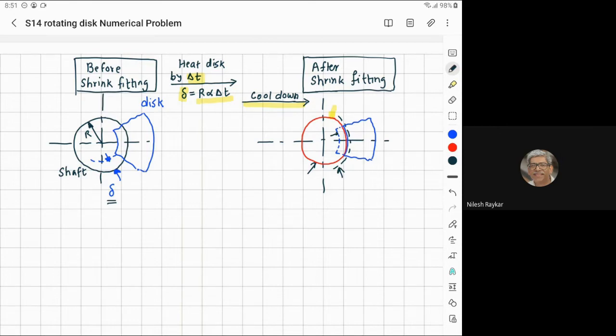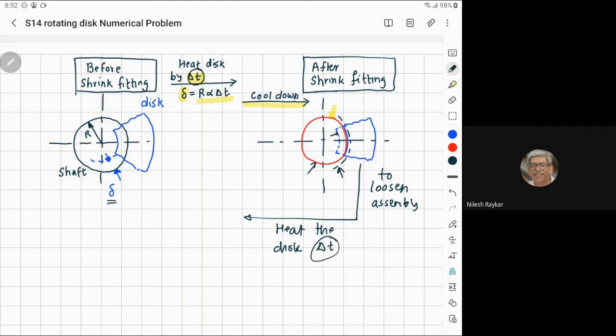Now, with respect to the question that we are discussing, let's imagine the situation that you want to separate this assembly. Now, in order to separate this particular assembly, again you will have to heat the disk, in order to loosen the assembly, by an amount which must be equal to the same delta T that we calculated earlier.